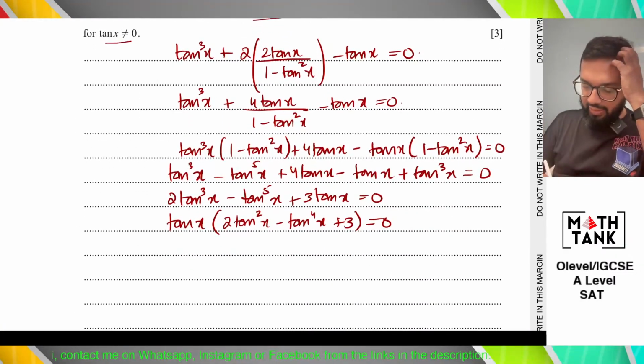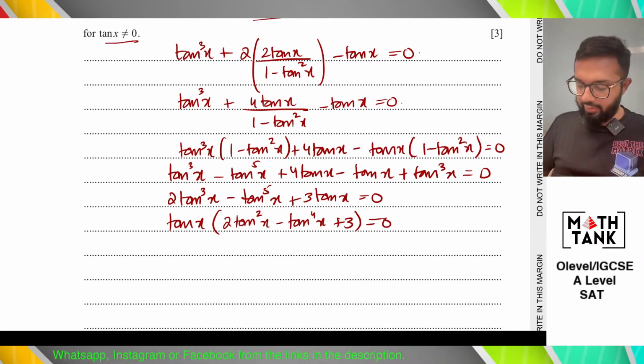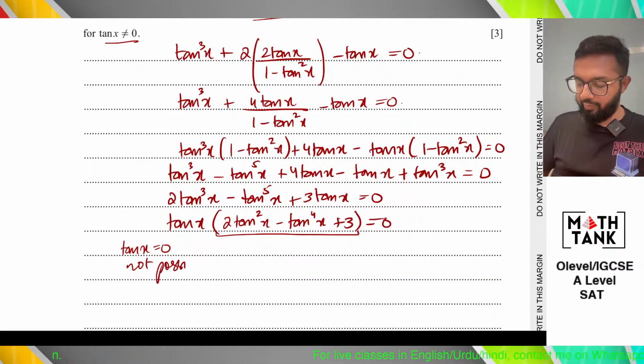Okay, this tells you that tan x is not equal to 0, so only this can be equal to 0. I would have normally said either this equals 0, so not possible. So therefore this is equal to 0.